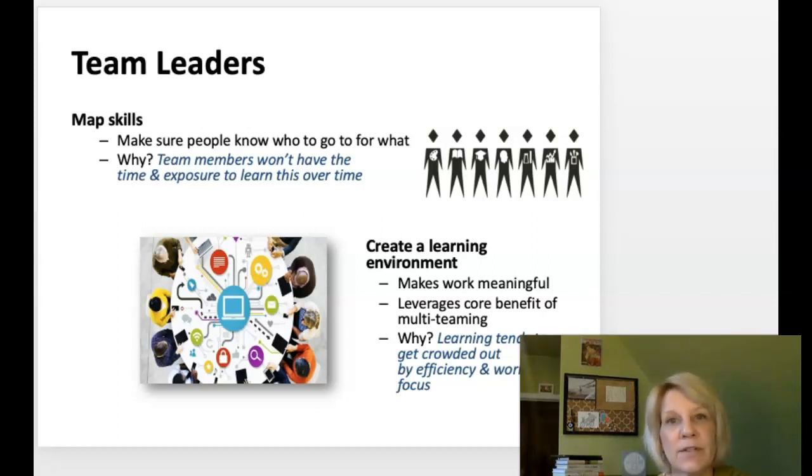So those are just a few things to keep in mind from yourself as an individual working in a team-based organization and in a multiple team membership situation, and your role, if you're thinking about being a team leader, both forming and launching teams, but also managing teams on an ongoing basis where your team members are going to be pulled across multiple teams.